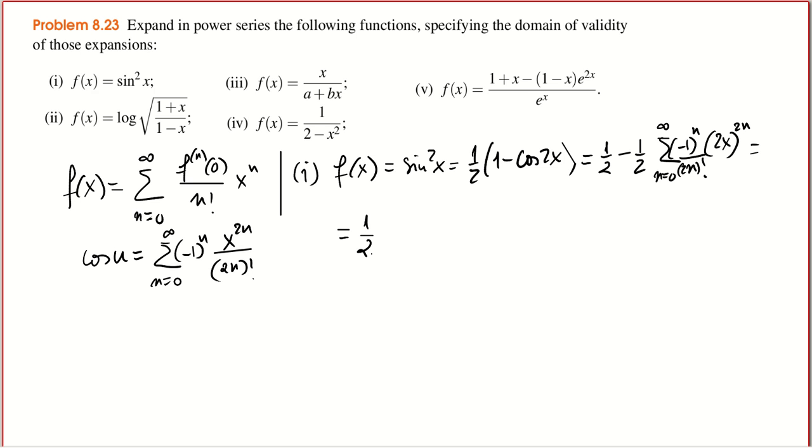We have 1/2 here, and then the sum from 0 to infinity of (-1)^n over (2n)! times (2^(2n) minus 1), so 2 to the 2n minus 1, and then x to the 2n.